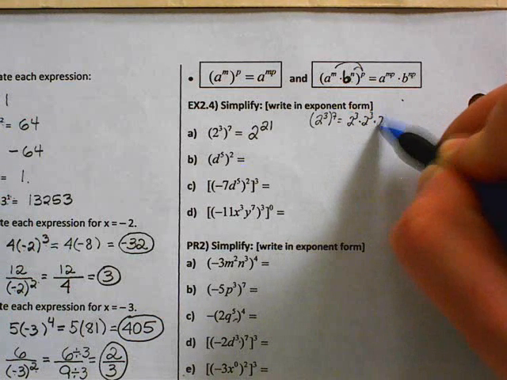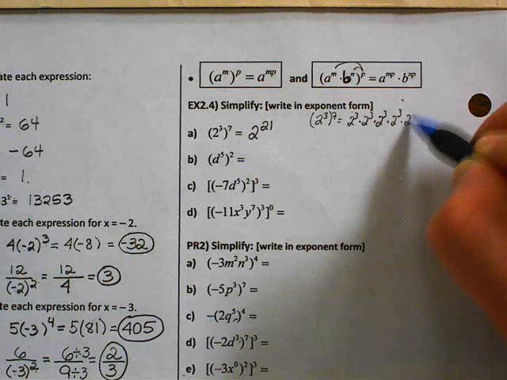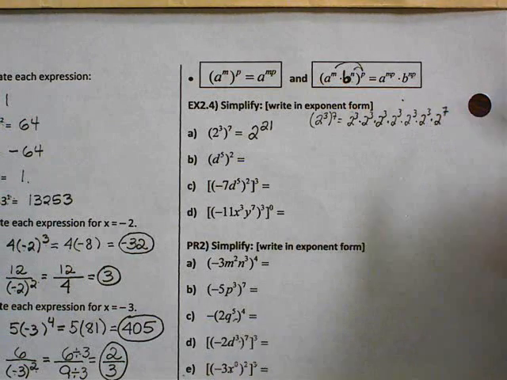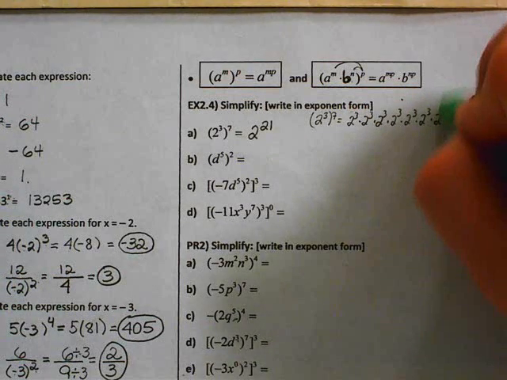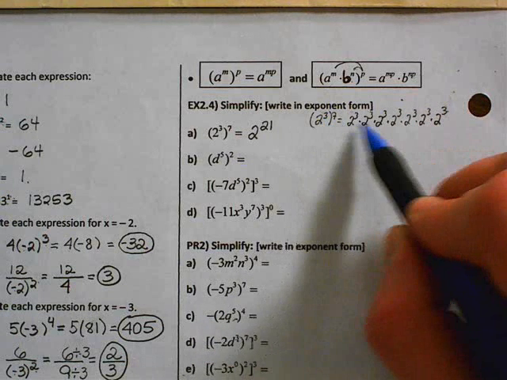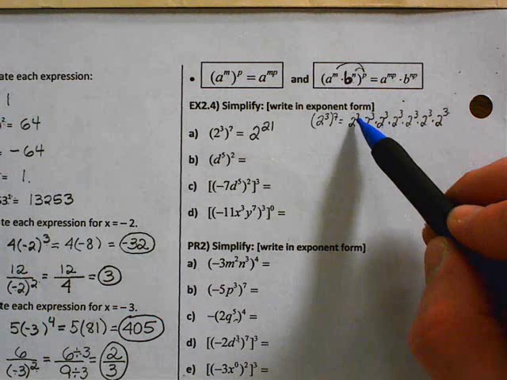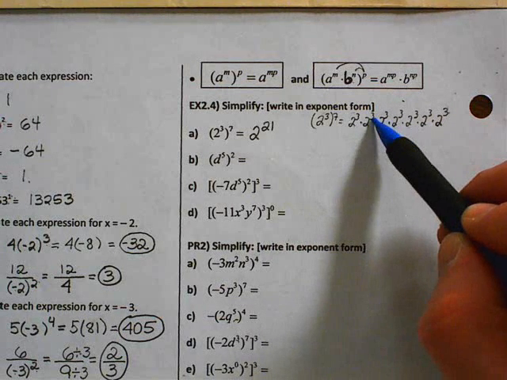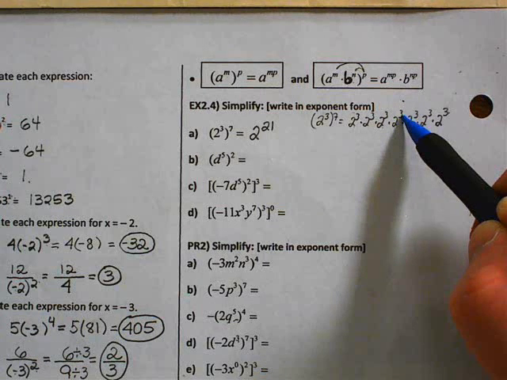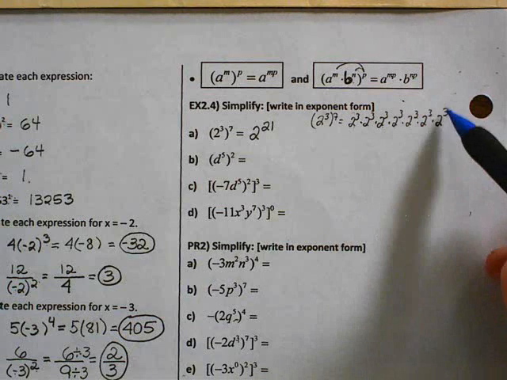So I wrote this guy that is inside the parentheses 7 times: 1, 2, 3, 4, 5, 6, 7. And if I add these numbers, 3 plus 3 is 6, plus 3 is 9, 9 plus 3 is 12, 12 plus 3 is 15, 15 plus 3 is 18, 18 plus 3 is 21. So that's why this works.